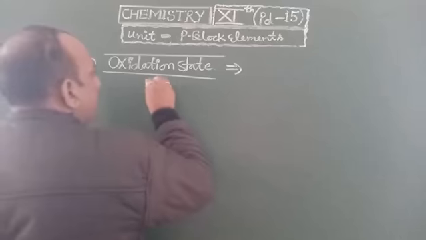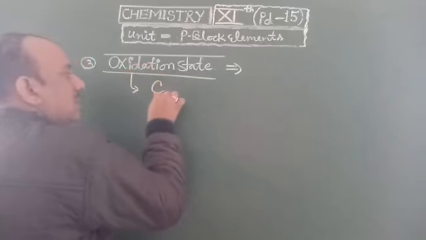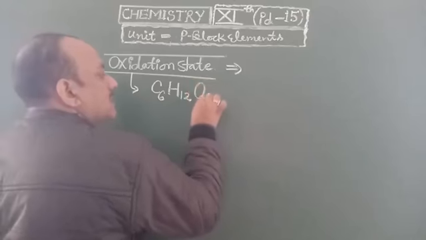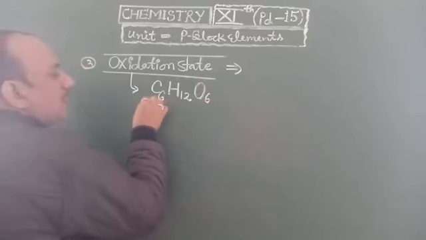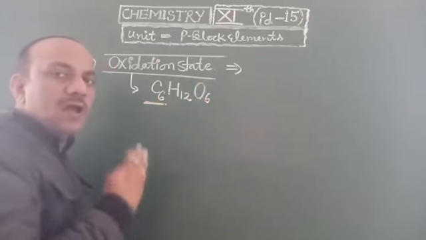For example, glucose, C6H12O6. Here we find the oxidation state of the carbon atom.